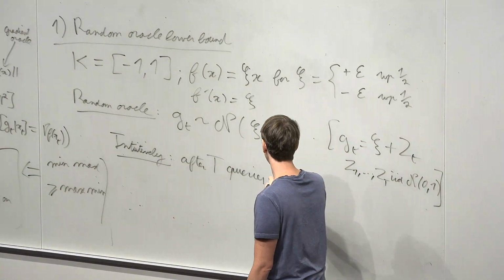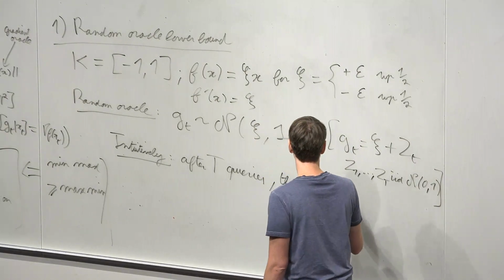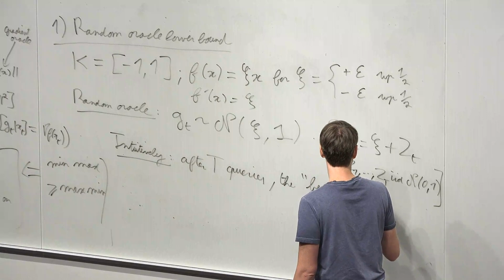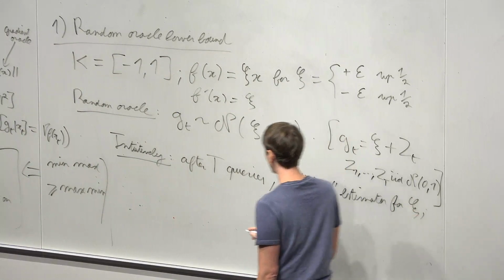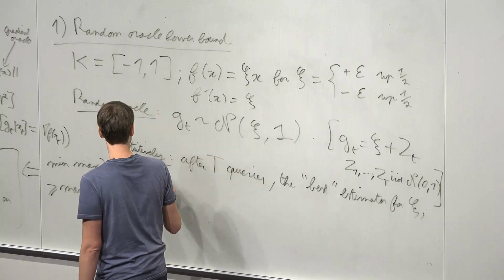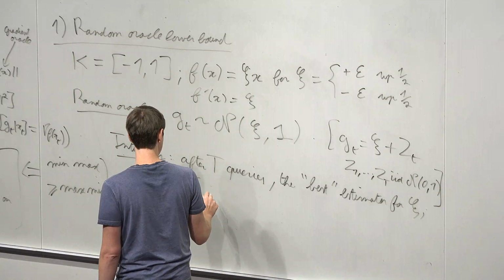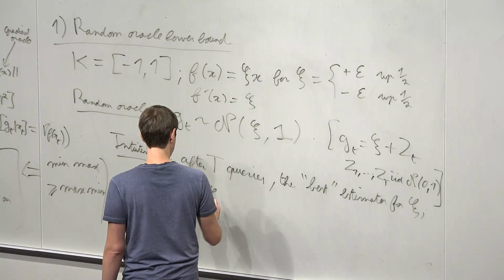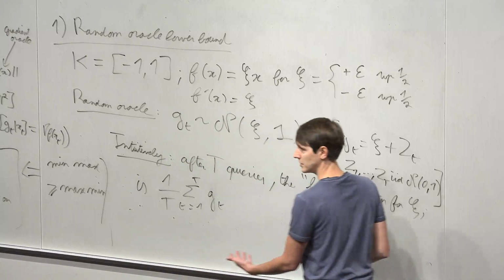So after T queries, the best estimator for psi is the sample average, 1 over T times the sum for t equals 1 to capital T of g_t. But we know exactly the distribution of this thing, right?